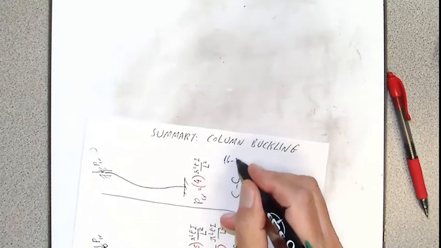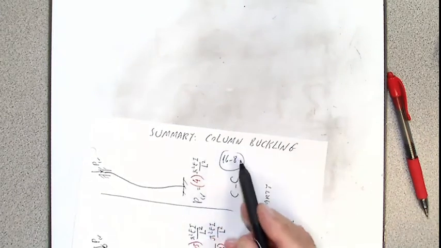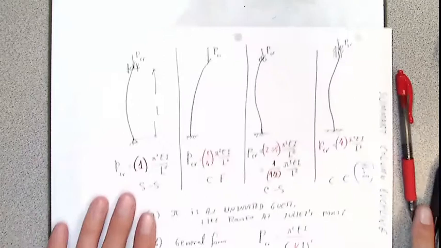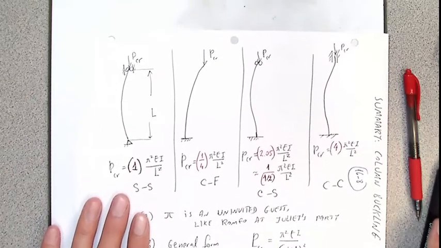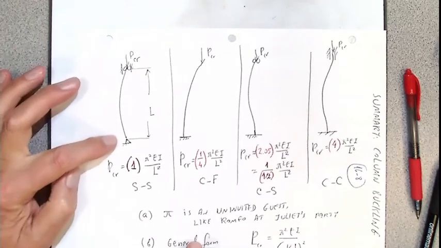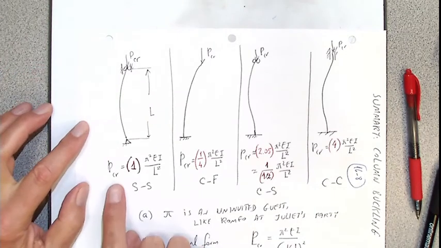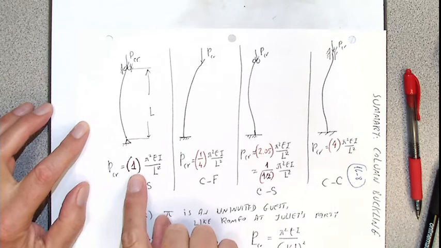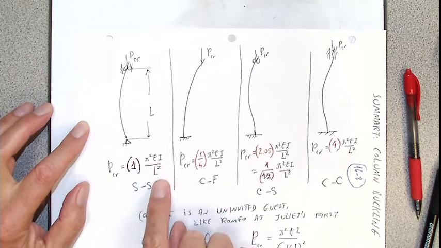16.8. Summary, column buckling. So what are the results that we obtained? For a simply supported column, we got P critical equals 1 times pi squared EI over L squared.